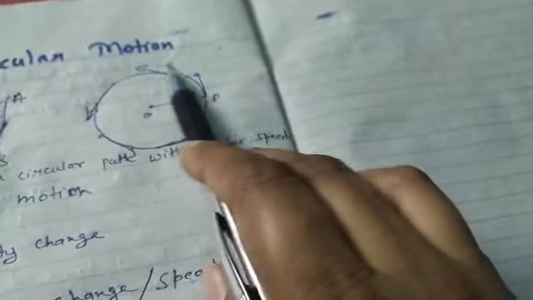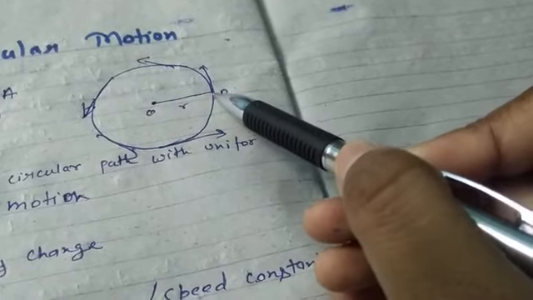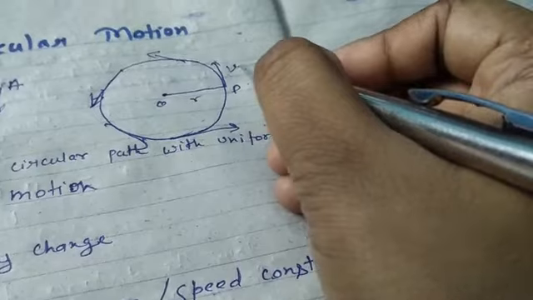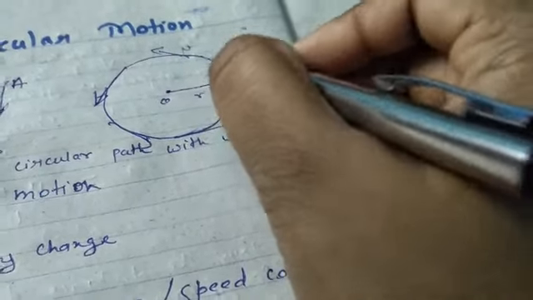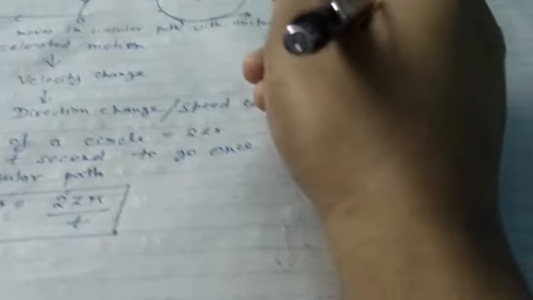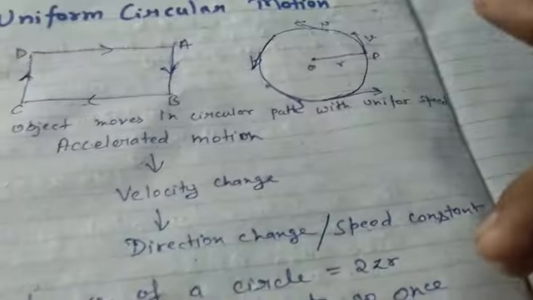Now in the case of a circle, you can see this object is moving with the same speed v, but the direction is changing at every point. That means the velocity is changing, because velocity consists of magnitude as well as direction.